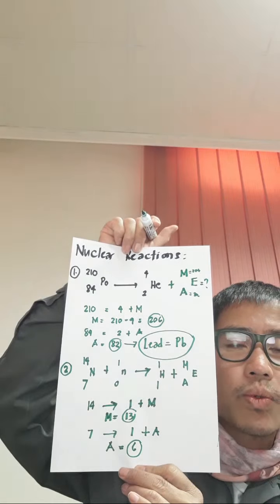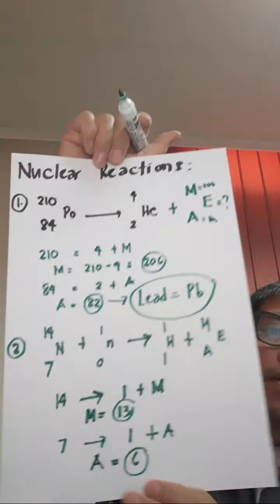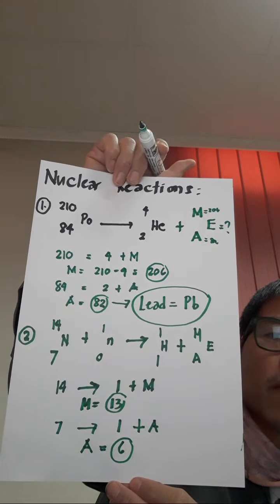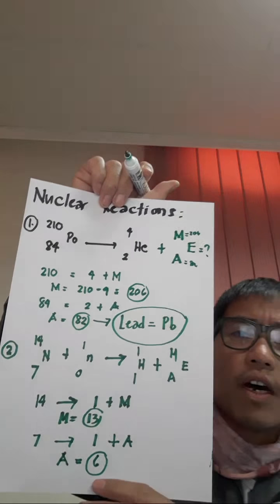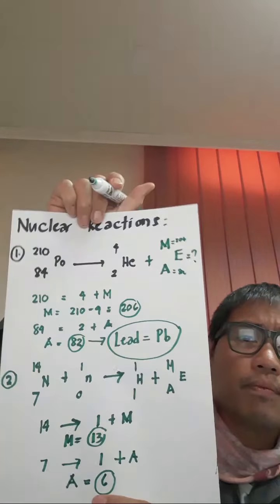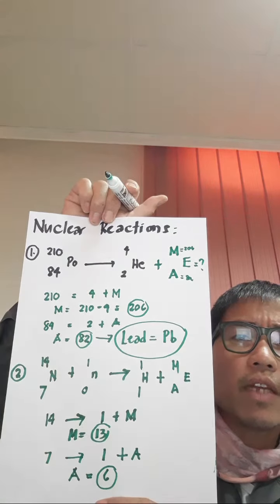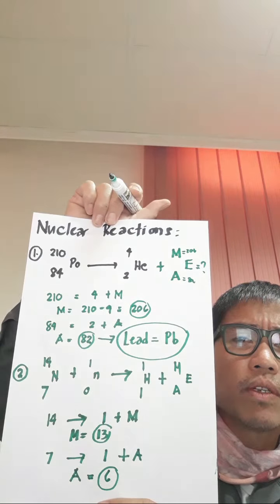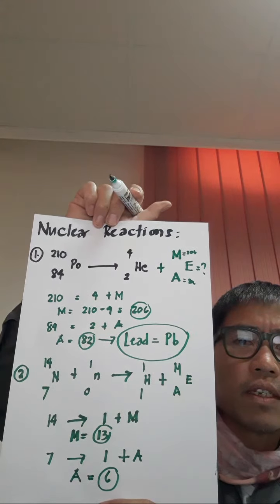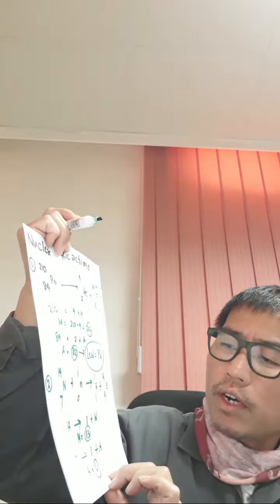For number 2, take a look. We don't include the 1 and 0 because that is only the element that bombarded this nitrogen, and it will produce a proton. So our M is 13, our A is 6. Then what element is this?